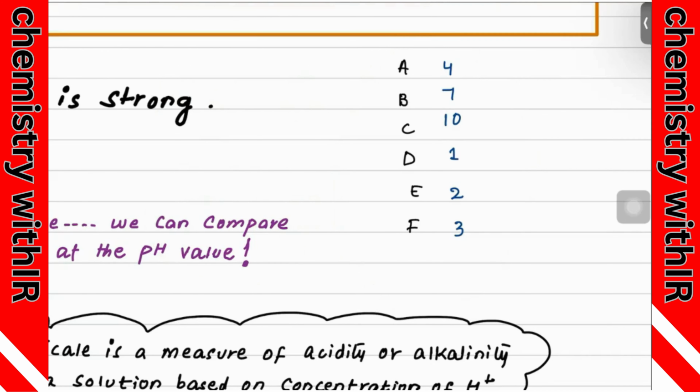And when the pH is the highest, it's an inverse relation, so the concentration of H positive ion would be the lowest. So that's the main point. The examiner can relate the pH with the concentration of H positive ion.